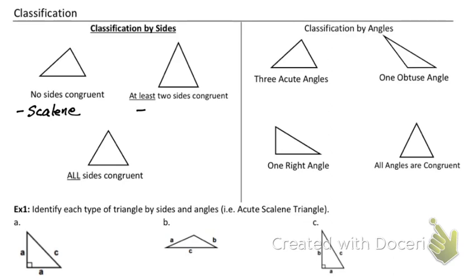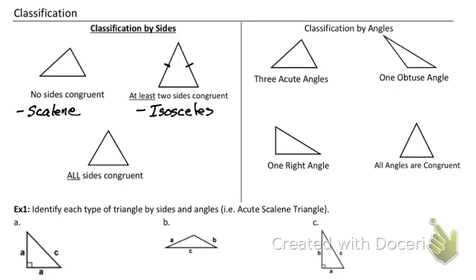Our next one is at least two sides are congruent. So it's always a good idea to mark your two congruent sides. Anyone know what it's called when it's two congruent? Yeah, it's isosceles. I do want to know something real quick.